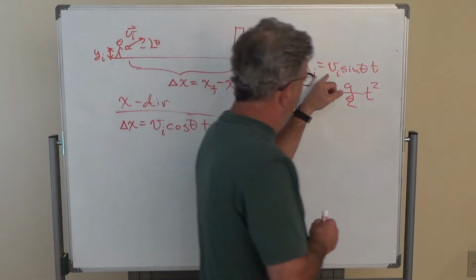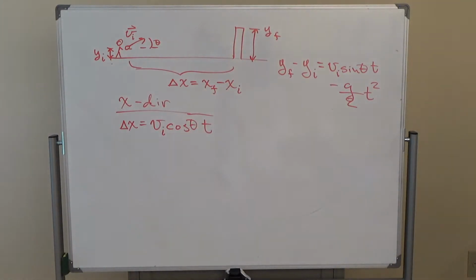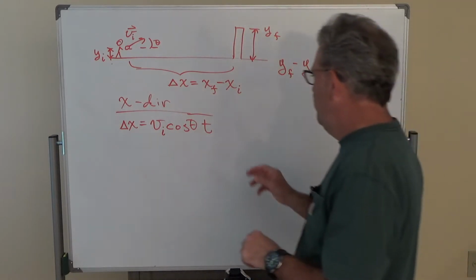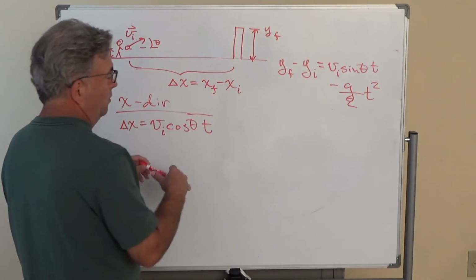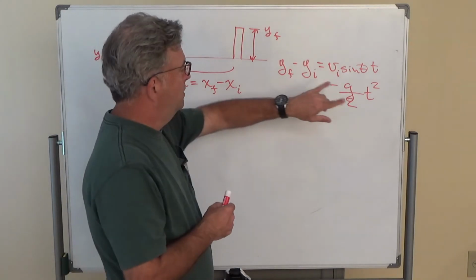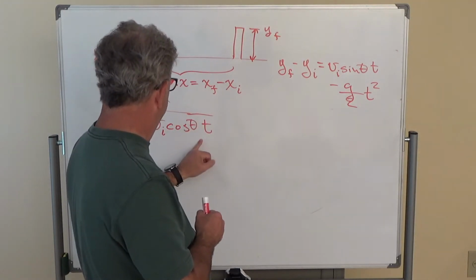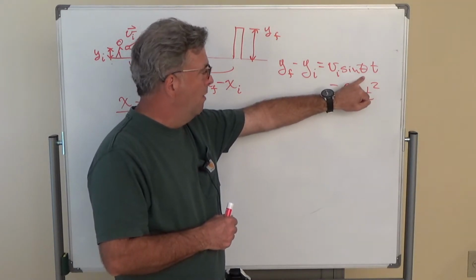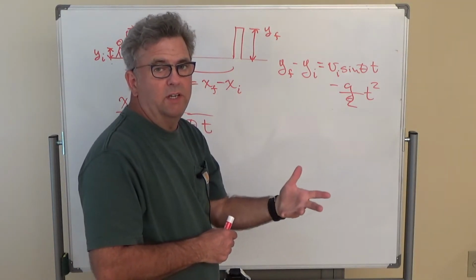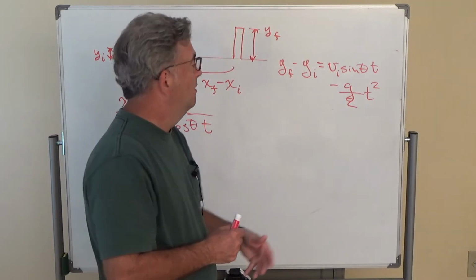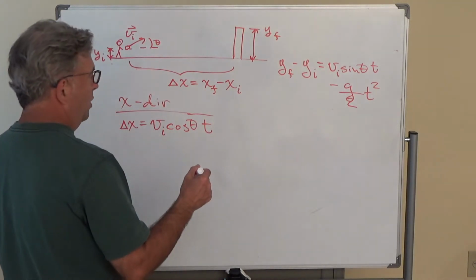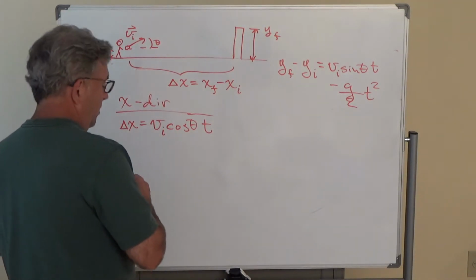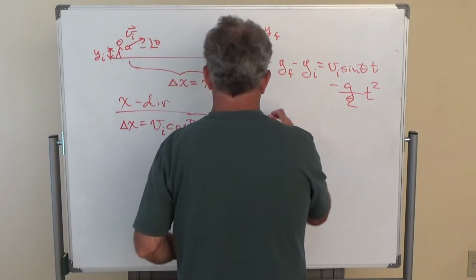You don't know V initial, right? So what you have to do is solve this for T, substitute in here, and then find V initial from that. Okay? So I'm going to do that. Get rid of this. I'll start over here.